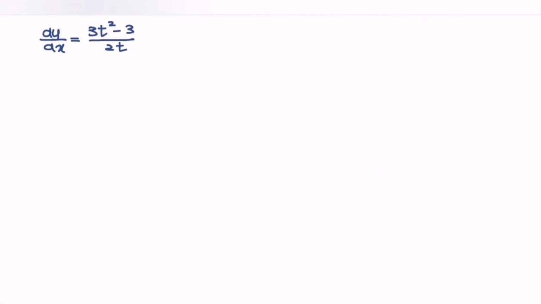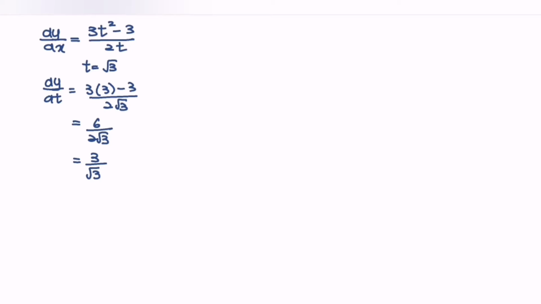So now we are going to find dy/dx when t equals square root of 3. By substituting the value, we will have 3(3) minus 3 over 2 square root of 3. So finally we will have 6 over 2 square root of 3. If we simplify, we will have 3 over square root of 3.